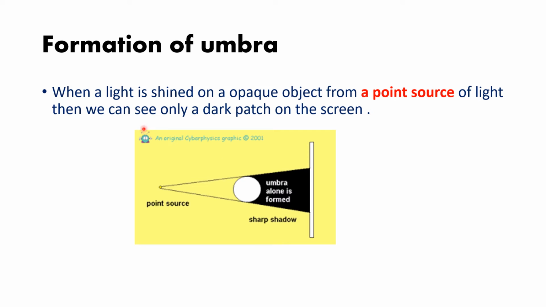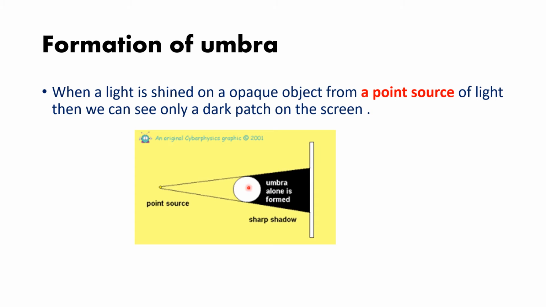Now, what are the different parts of a shadow that we will see? When light is shined on an opaque object from a point source of light, then we can see only a dark patch on the screen. You can see here, this is a point source. Point source means a very small source of light. When from this small source the light falls on this opaque object, the light is not able to pass through.